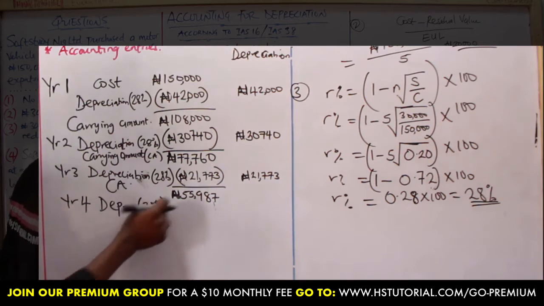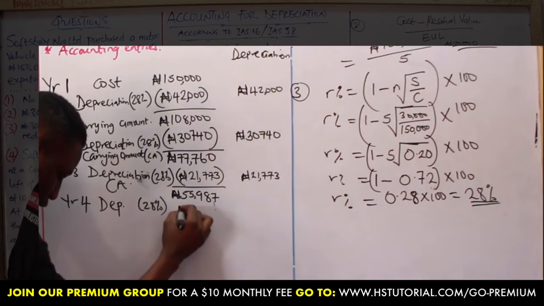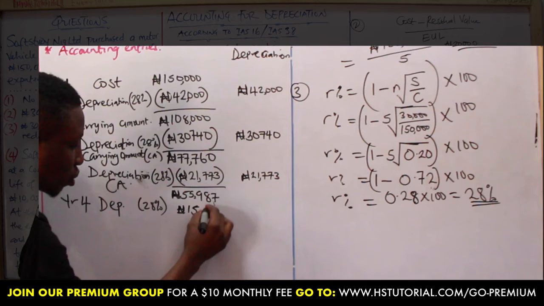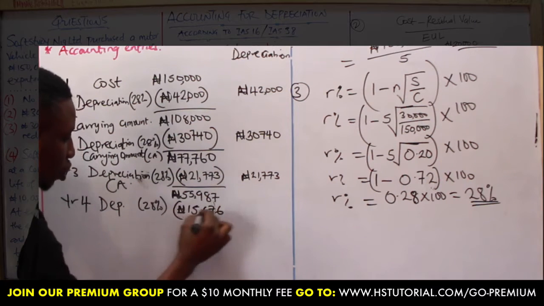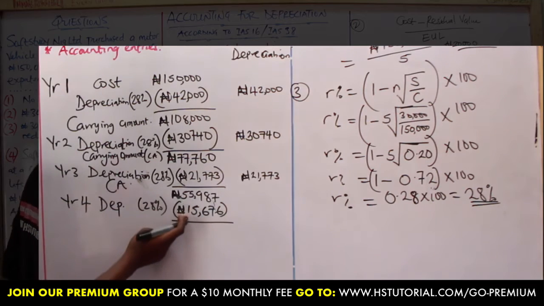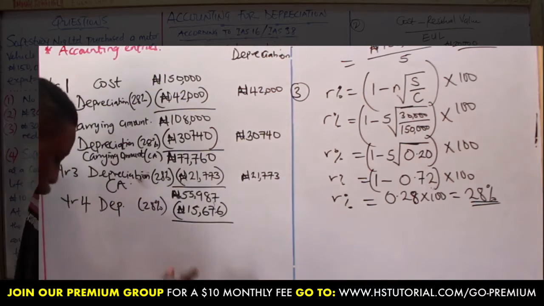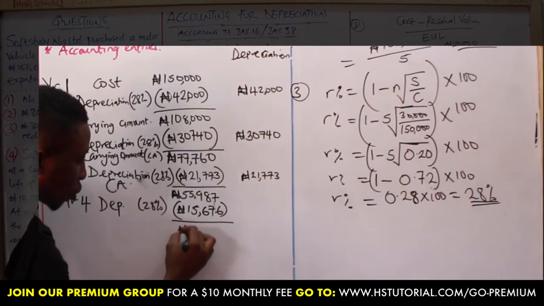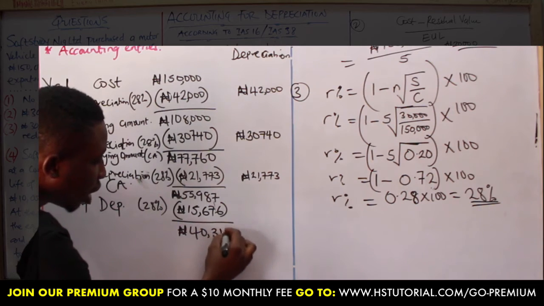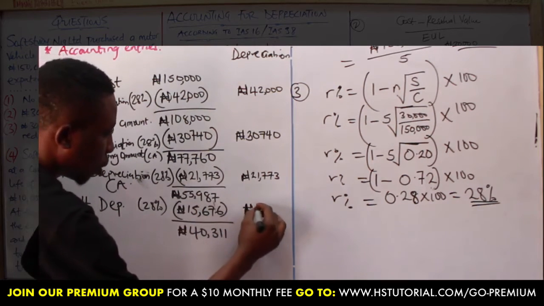So 28% of 55,987 gives you what? 15,676. That's approximation. So when you deduct this 15,676 from 55,987, what do you have? You have 40,311.